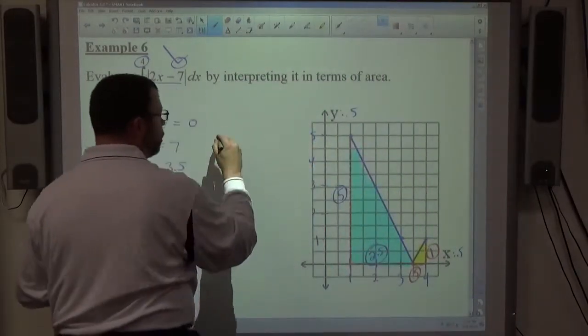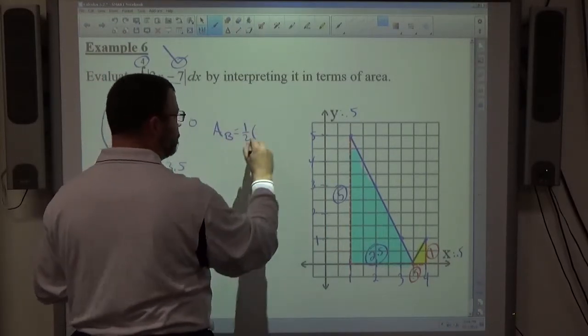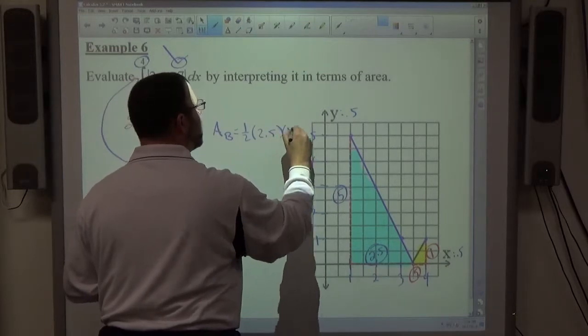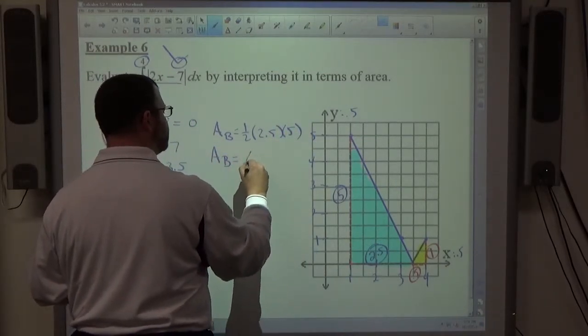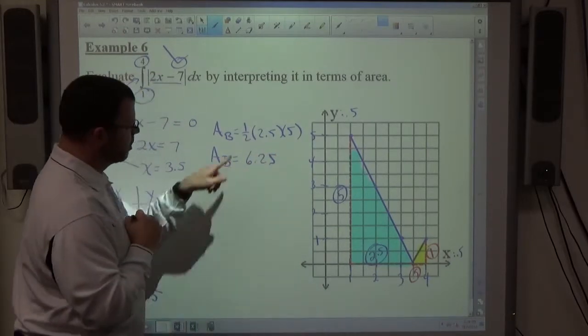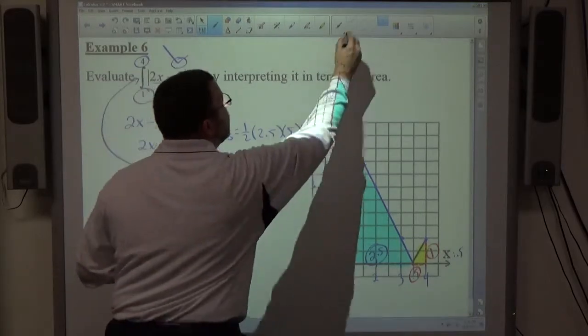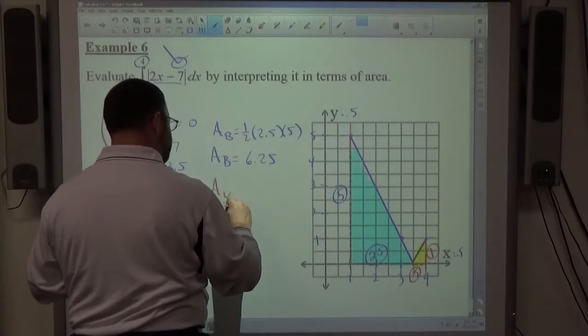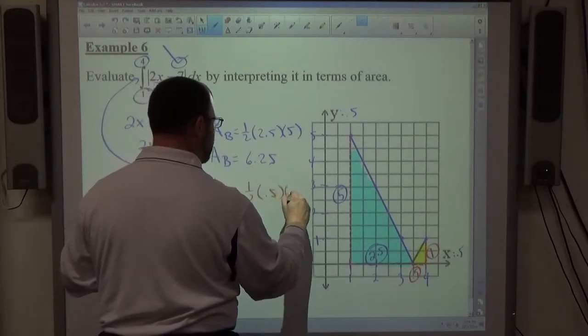The area of the blue triangle is going to be 1/2 times 2.5 times 5. So that's going to be 6.25. Half of 5 is 2.5. 2.5 times itself is 6.25. The area of the yellow triangle is going to be 1/2 times 0.5 times 1.